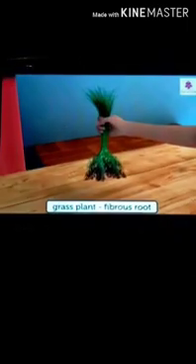You will observe that the rose plant has taproot. See carefully. Here also observe. See this, and here also. So the rose plant has taproot, whereas the grass plant has fibrous root. Okay.